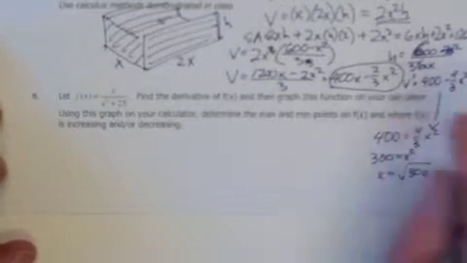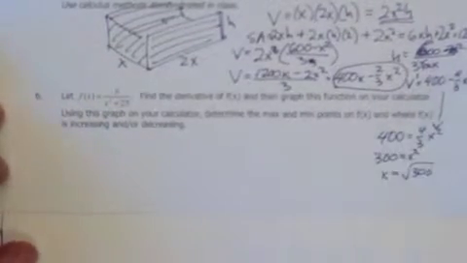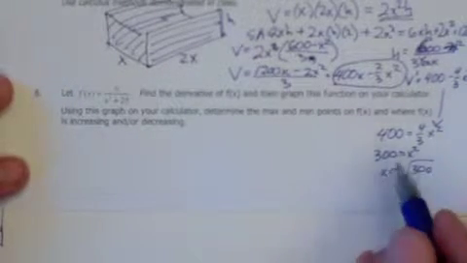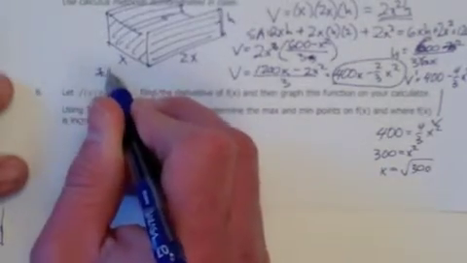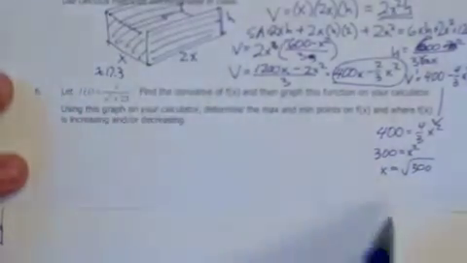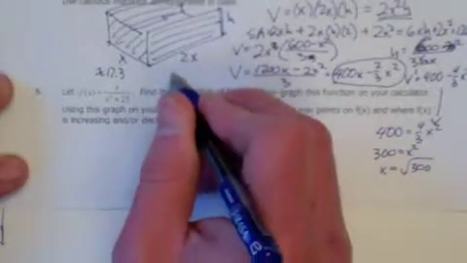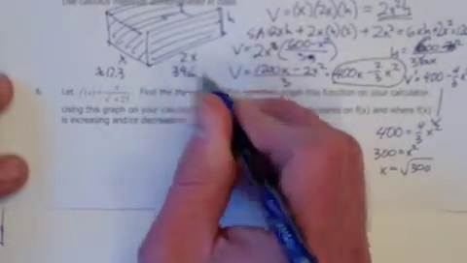I remember in class that it was 200, but unless I made a mistake, that's correct. So taking the square root of 300, I get 17.3. So x is approximately 17.3, and this is twice that, so that's 34.6.